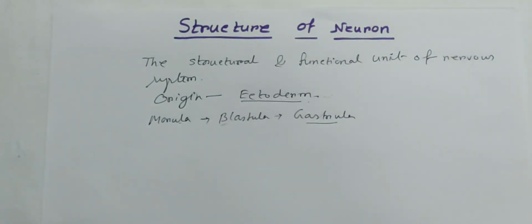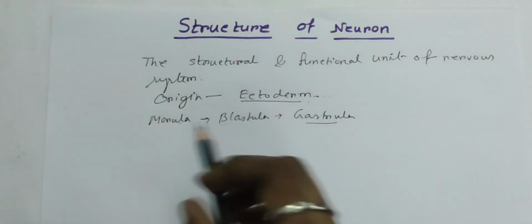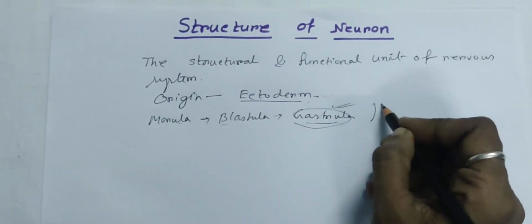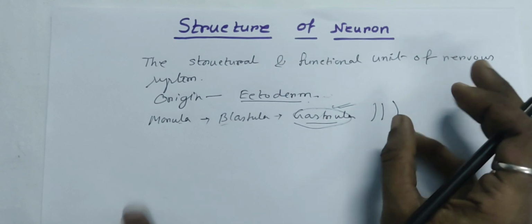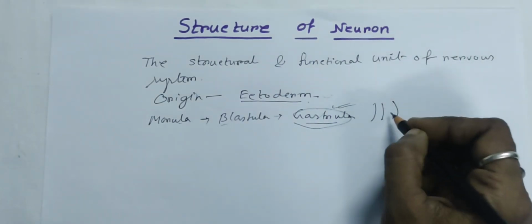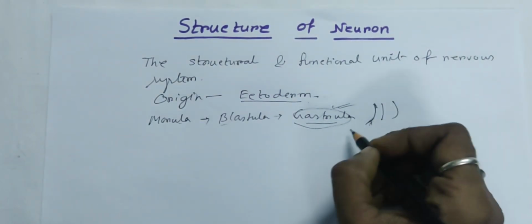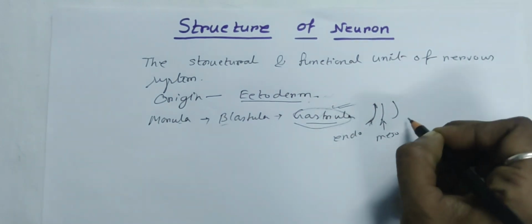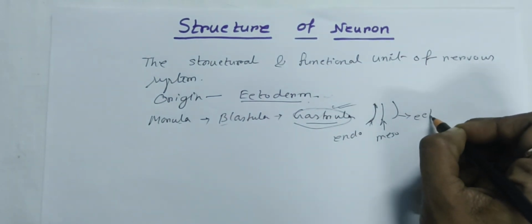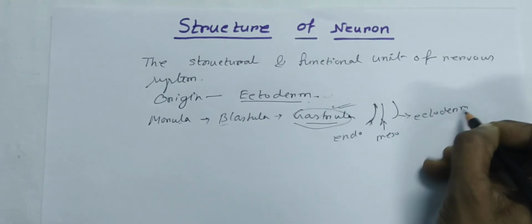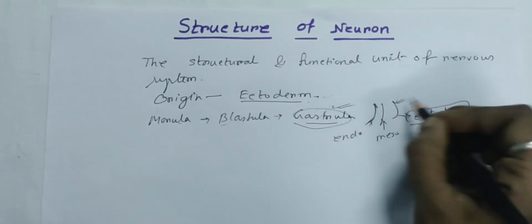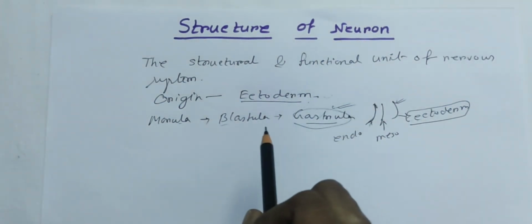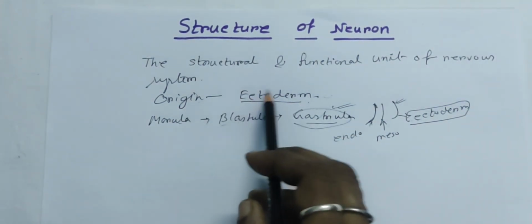These are the steps of cleavage. When the gastrula stage comes, it forms three layers for the fetus. The innermost layer is the endoderm, the middle layer is the mesoderm, and the outermost layer is called the ectoderm. That ectoderm layer is responsible for the formation of the nerve cell. So here the origin is ectoderm.